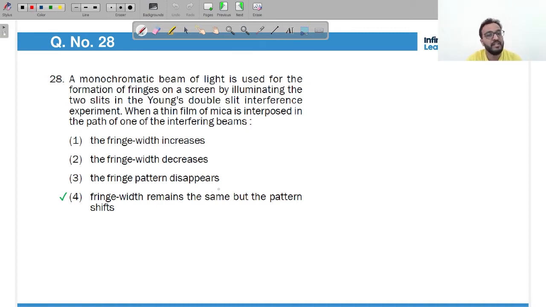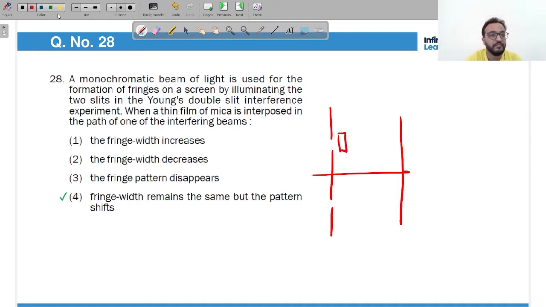28. A monochromatic beam is used for formation of fringes on a screen by illuminating the two slits in YDSE. When a thin film of mica, see we all know that. Suppose this is a YDSE apparatus and you keep a thin film of mica here, then instead of obtaining the central bright spot here, you will obtain the central bright spot at a particular height from here. Do you understand? And what is this height? Do you know why?